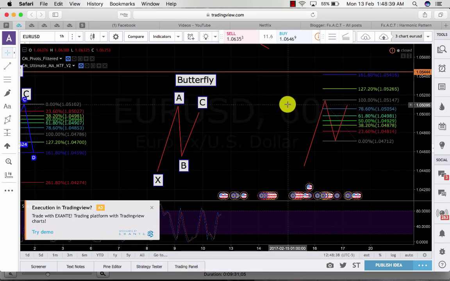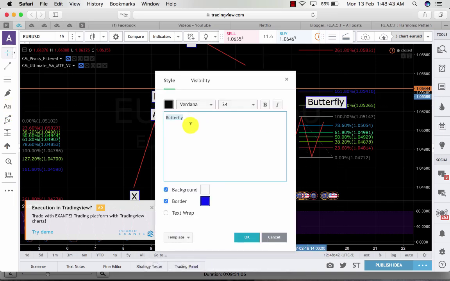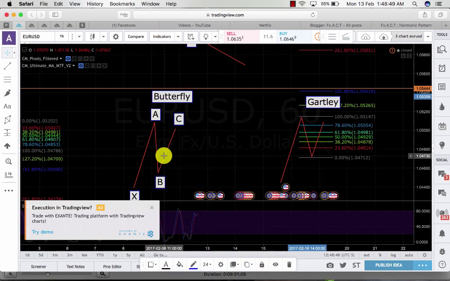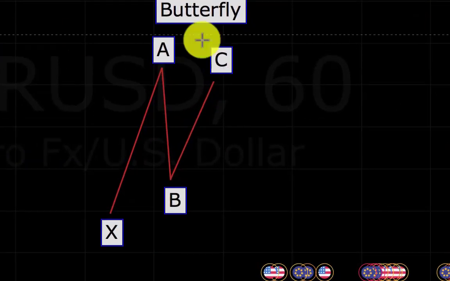And this is the Gartley. Okay. So, like I've said, every pattern must have an ABCD pattern.